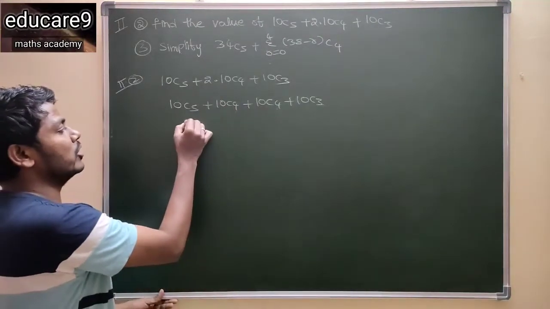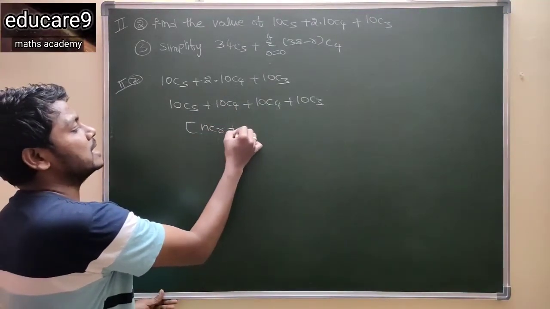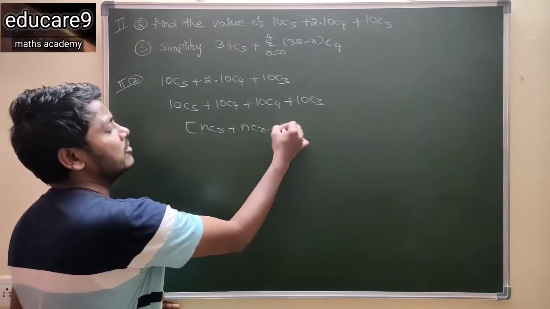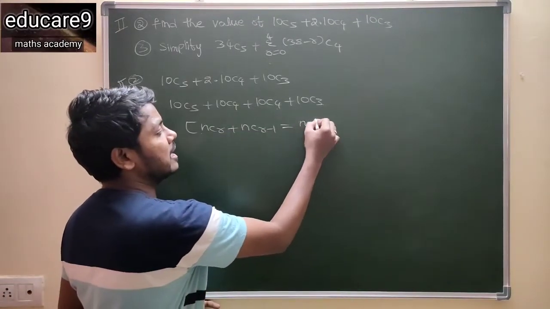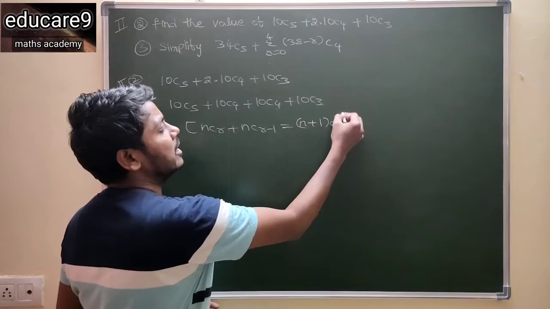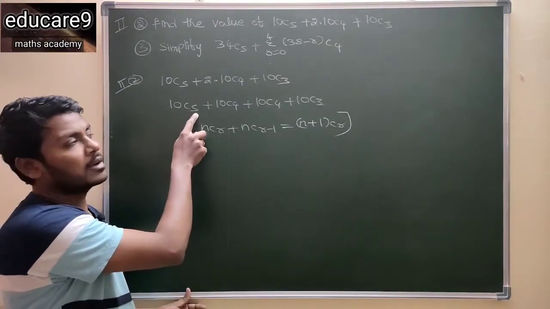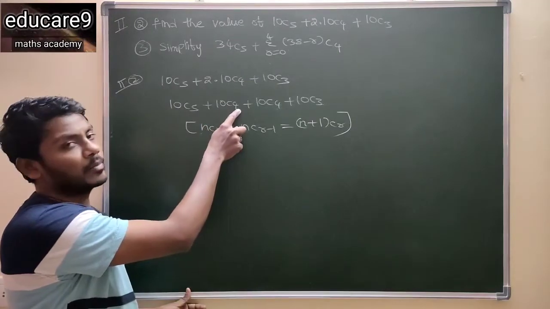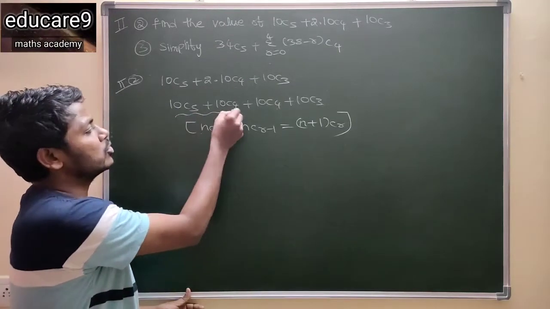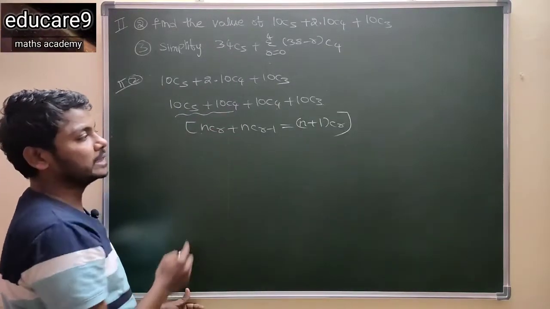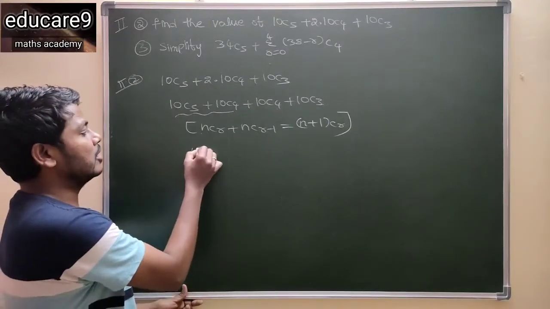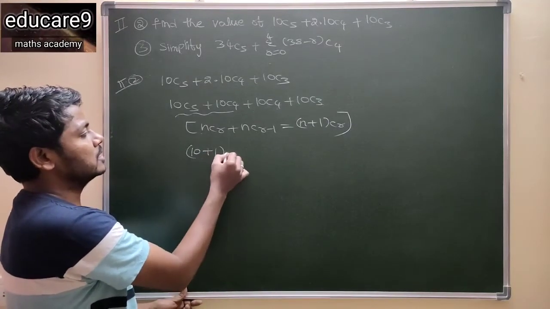See here, you know the nCr plus nC(r minus 1) formula. That is (n plus 1)Cr. So it is clear, in the form of nCr plus nC(r minus 1), for the first 2 terms we have to apply this formula. This is n plus 1, 10 plus 1 Cr.